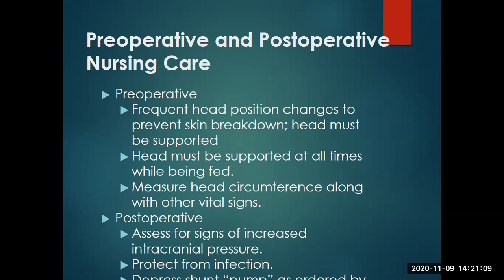So you want to look at that. And also you're looking for any signs and symptoms of a seizure itself. And because it's an operative site, again, you're looking for signs and symptoms of infection, which is going to include inflammation.